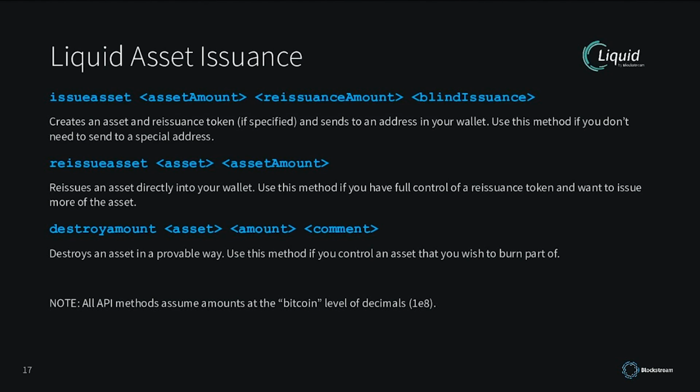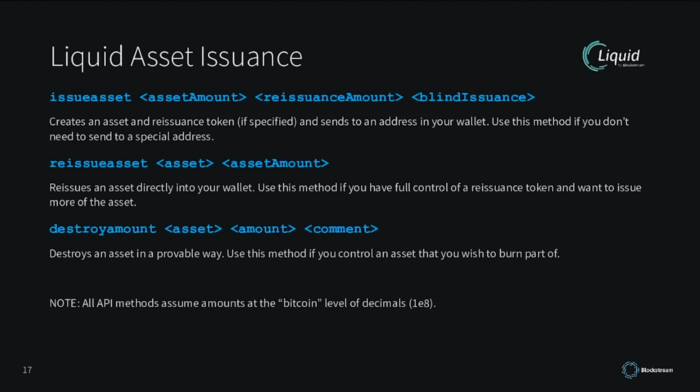There are really three key basic issuance commands. The first one is issue asset, to issue an amount. When you issue an amount, you need to specify the things I talked about before: how much do I want to issue, how much do I want to reissue, and do I want it to be blinded or not, is it confidential? The next thing I might want to do, if I can reissue it, is call reissueasset.